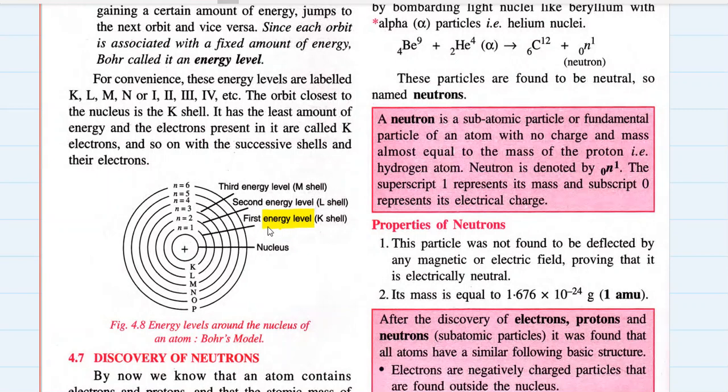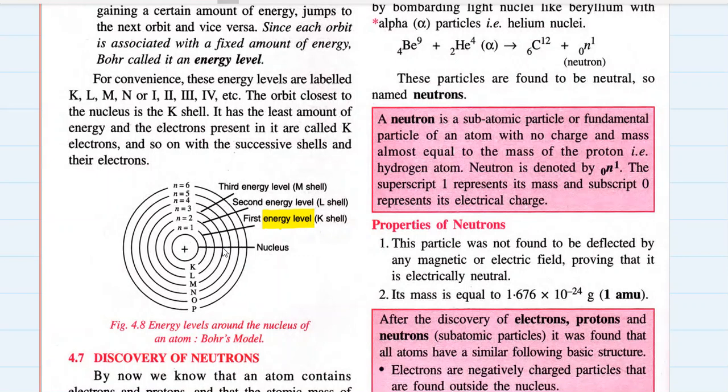Each shell, whether first, second, third, fourth, fifth or any shell around the nucleus, has a definite amount of energy associated with it, with which the electrons will revolve in that shell.